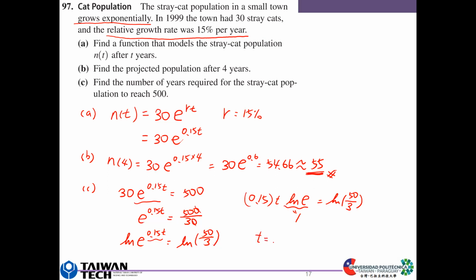So t equals 1 divided by 0.15 multiplied by natural log of 50 divided by 3, and let me double check, which is 18.75, which approximates to 19 years.